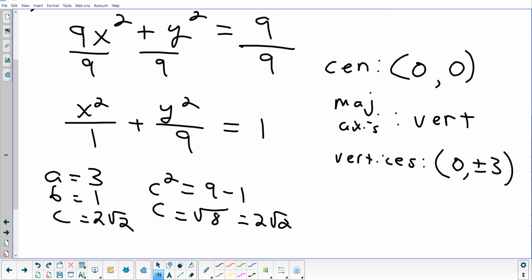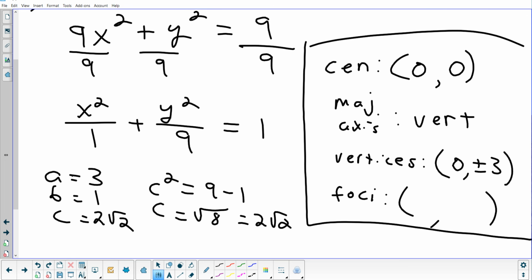And how about Casey? Can you tell me my coordinates for my foci? How far away are the foci from the center?